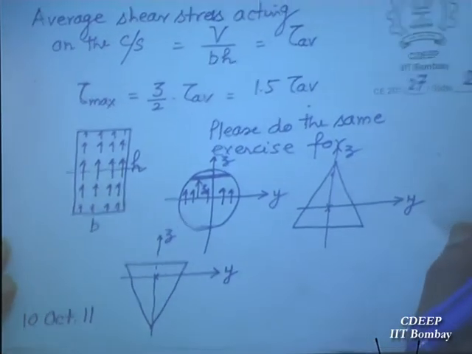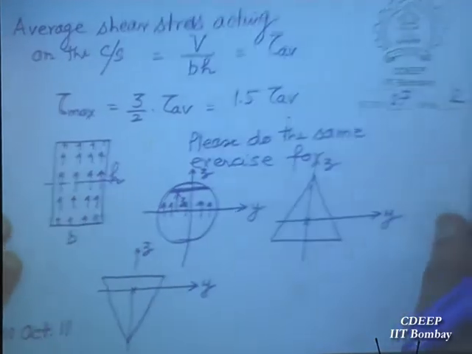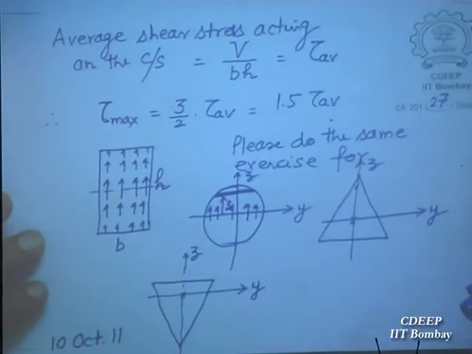If the cross section is not so, like a channel, C section.